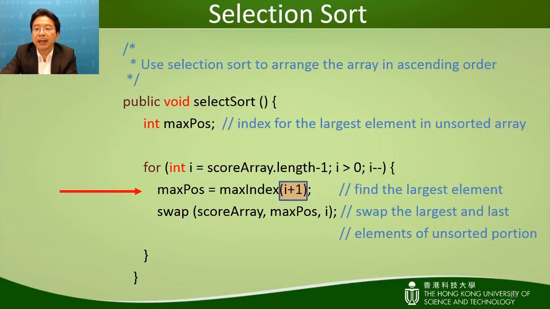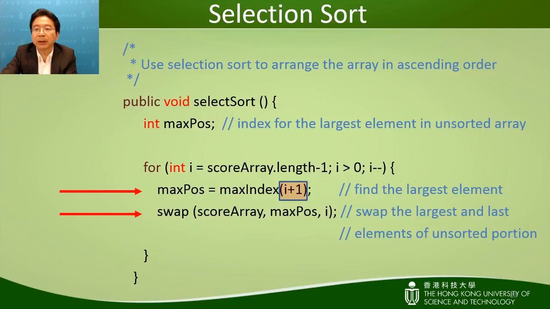Notice also that the argument used when maxIndex is called is i + 1 because if you go back to take a look at the method maxIndex, its parameter is supposed to be the size of the array from which the method is finding the largest element, and the size is 1 larger than the maximum index.